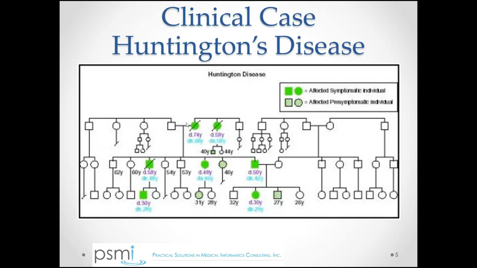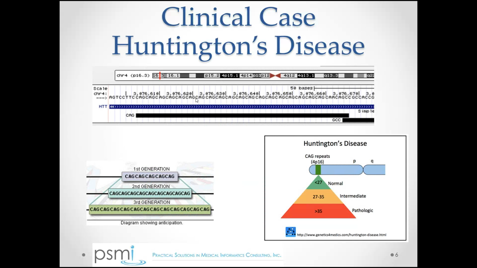When the etiologic basis of Huntington's disease was discovered, it was recognized that in this particular gene, the HTT gene, which codes for a protein called Huntingtin, there's a stretch of short tandem repeats, these CAG trinucleotides.